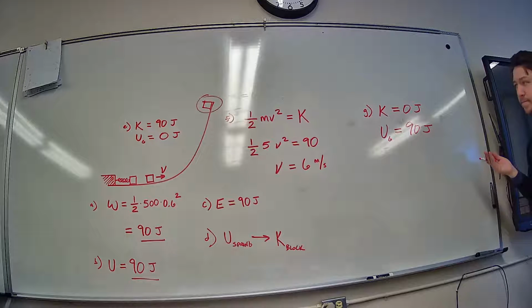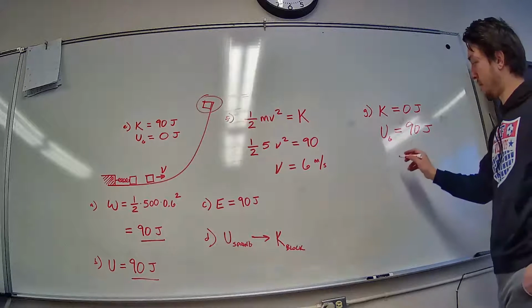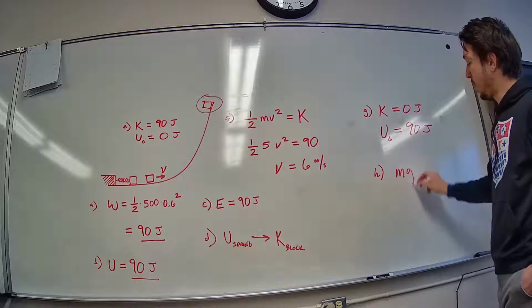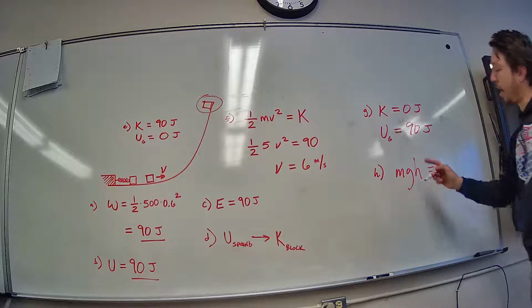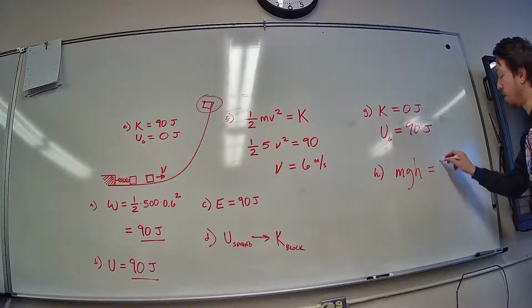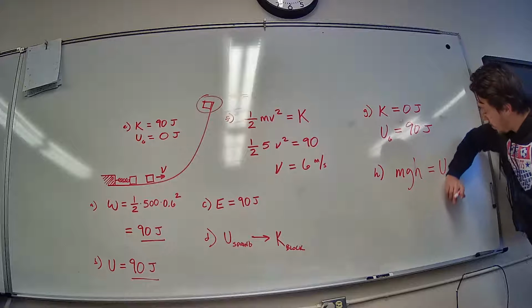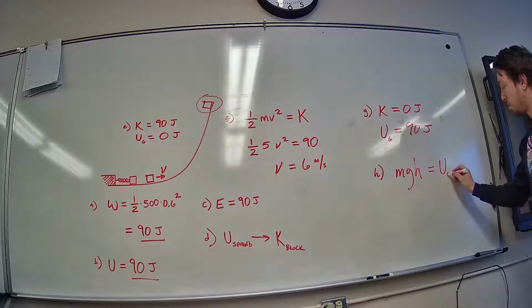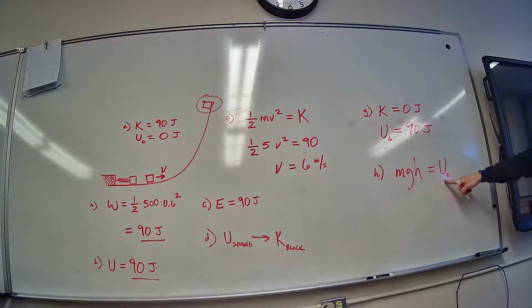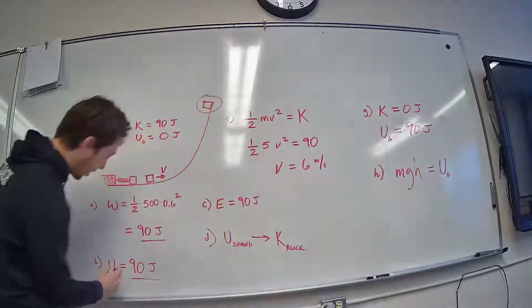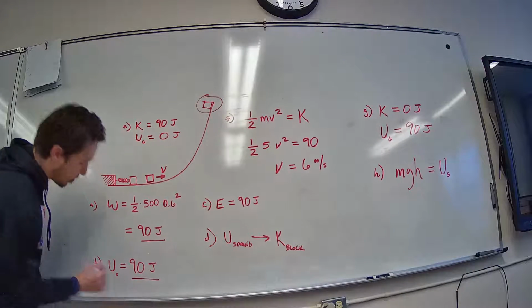How do we calculate the max height? MGH. Yep, so we can equate mgh to the gravitational potential energy. By the way, in case it's not clear, this is just a little g I'm putting next to the U to indicate that it's gravitational potential energy, since we're also dealing with spring. Maybe a little s here.